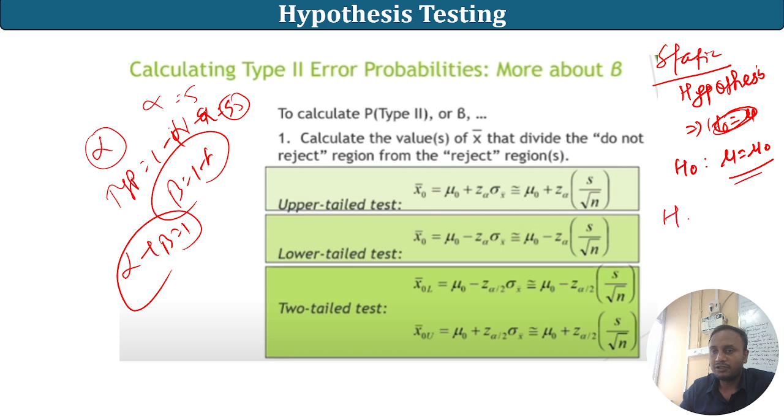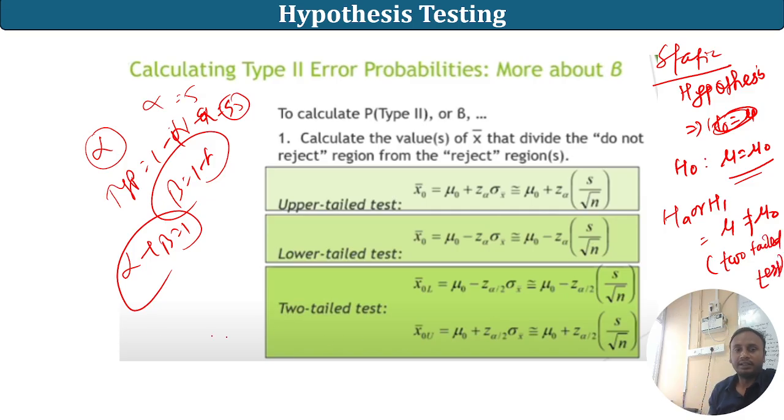Second, the H1 or HA, the alternative to the null hypothesis, is that it is not the same. So we are saying it is a two-tailed test. If they say our calculated mean is greater than this value, that will become a right tail test.